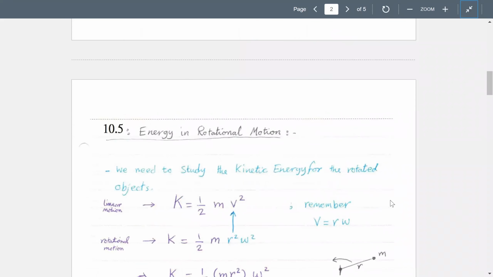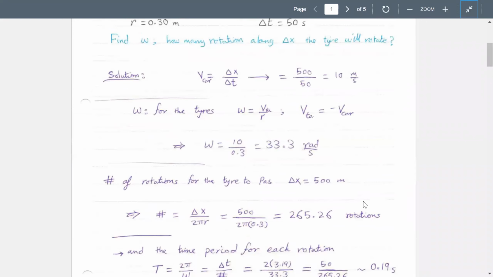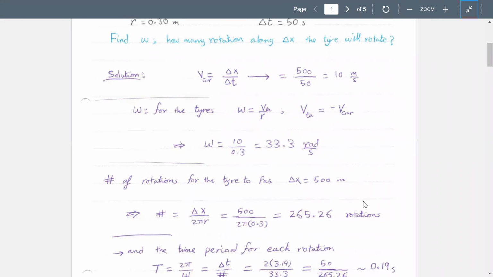Okay, now at this point, we finished the equations of motion for the rotational motion. Now we'll move for maybe Newton's law and rotational motion, maybe the kinetic energy laws in rotational motion.